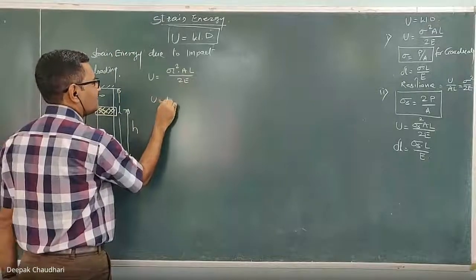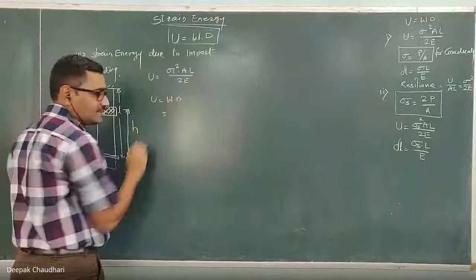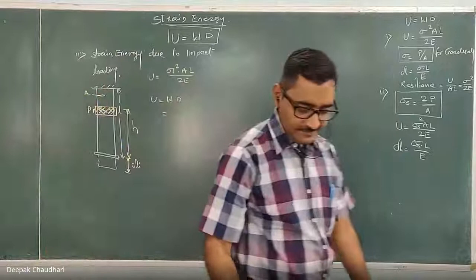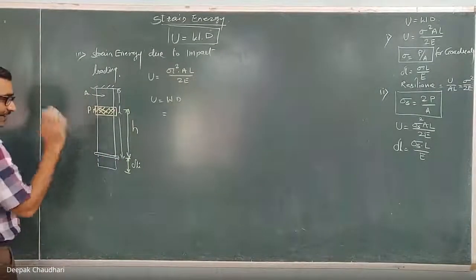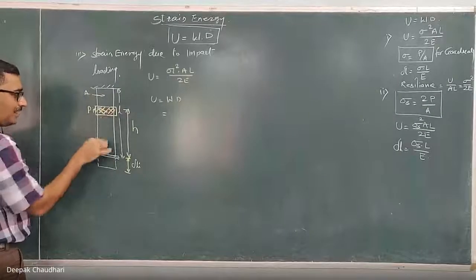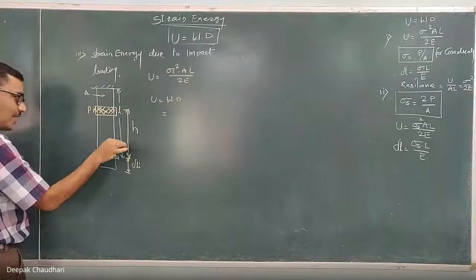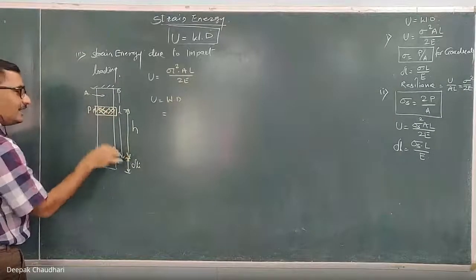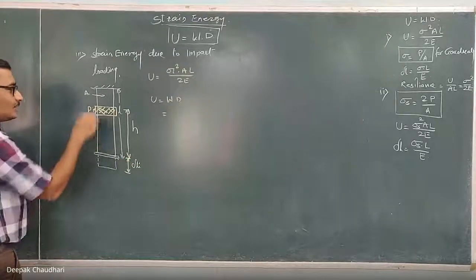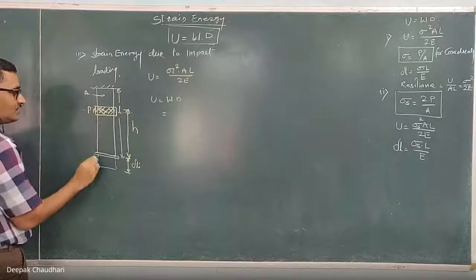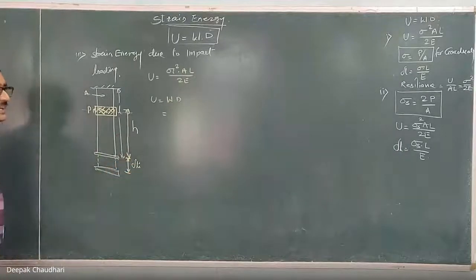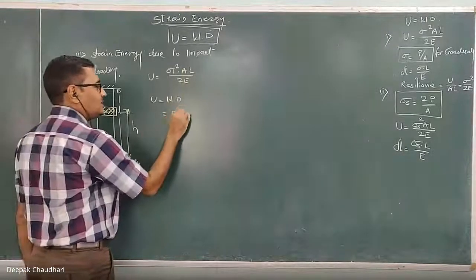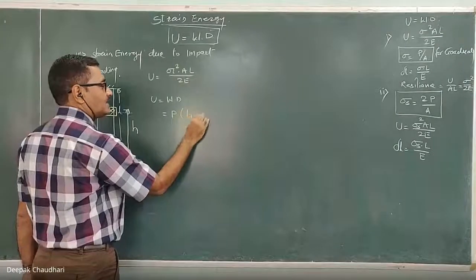In this case, how much is the work done? The load applied is P, and it is dropped on this material from the height of h, and after that impact, the material gets deformed through delta Li. That means the total displacement of the load from initial position to final position is h plus delta Li. So work done equals P into, in bracket, h plus delta Li.